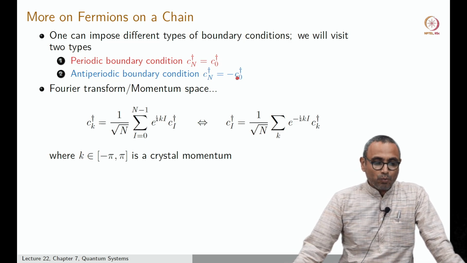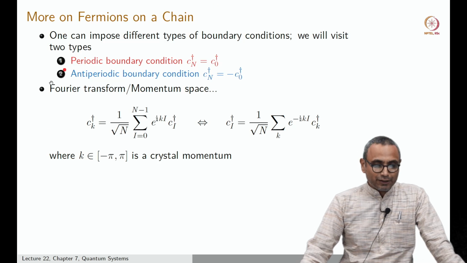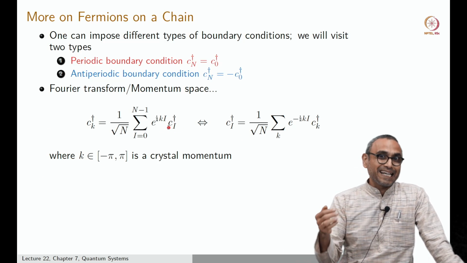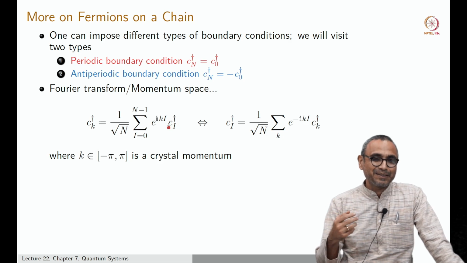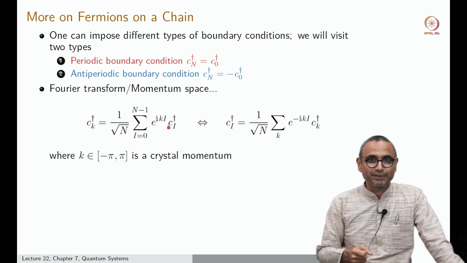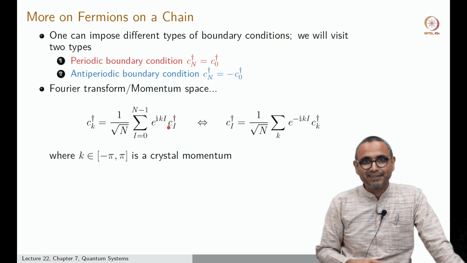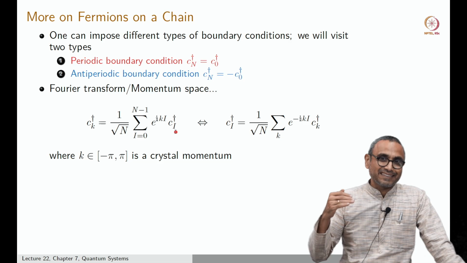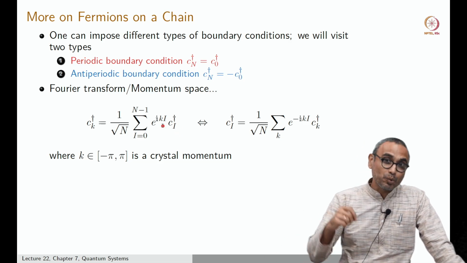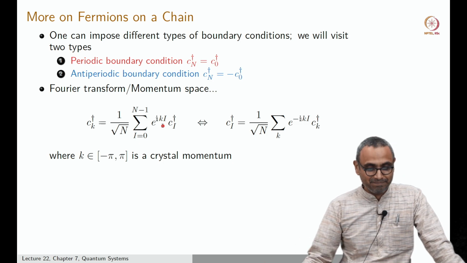Now, because I have fermions defined on a site and I want particle-like excitations, I am thinking I want to create some thought process where I have particle-like objects. You know particles have momentum. So I can try to convert the states labeled by sites to states labeled by momentum.